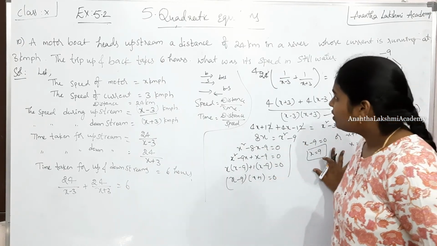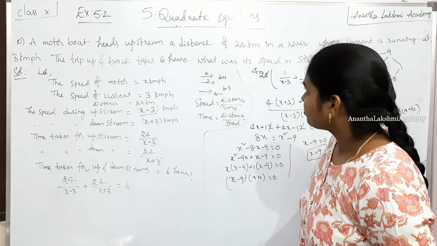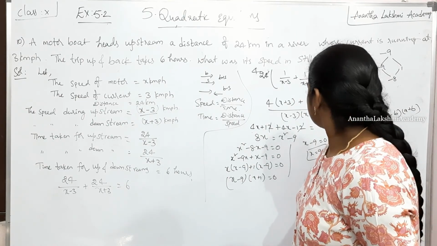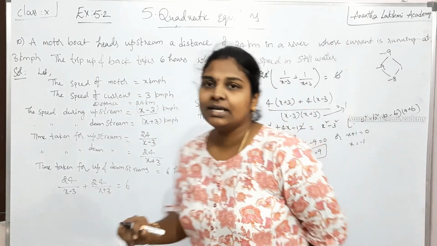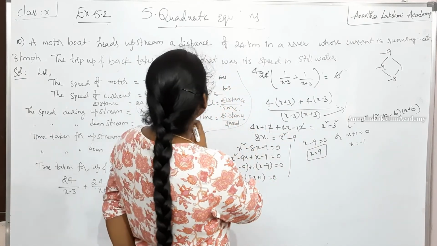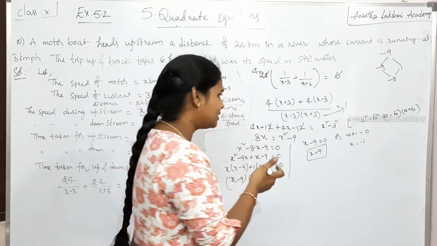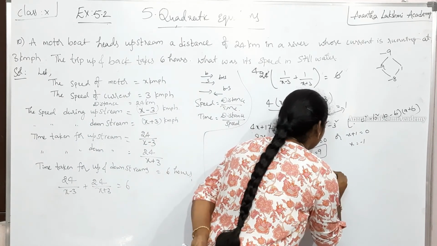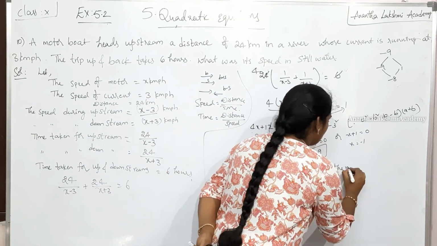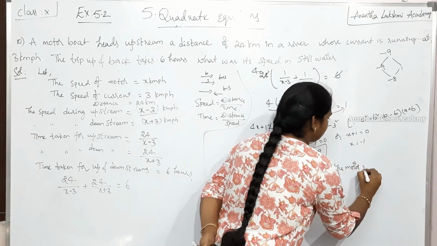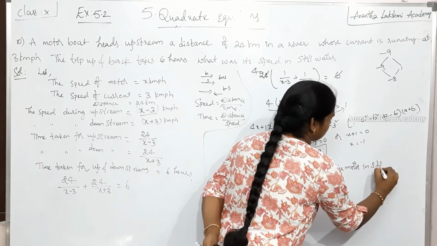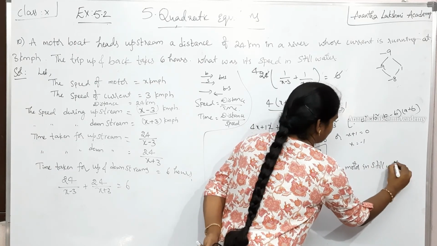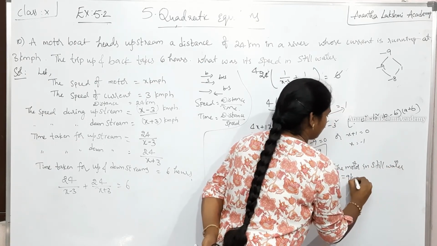All right, so the speed of the motor is 9 kilometers. Whatever is asked, what was its speed in still water? That is nothing but the speed of the motor in still water, which is equal to 9 kilometers per hour.